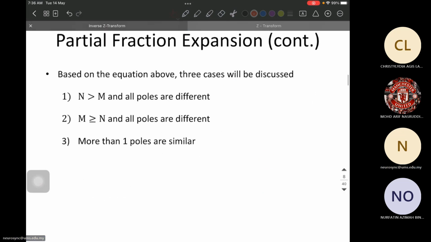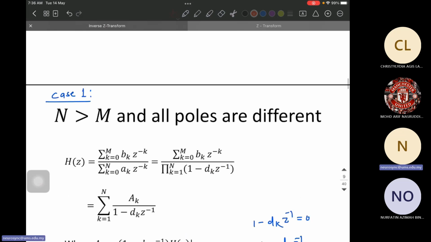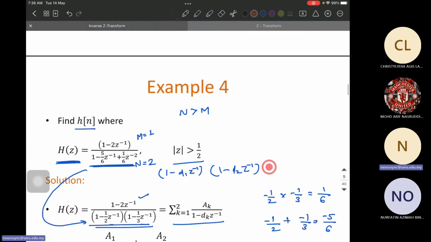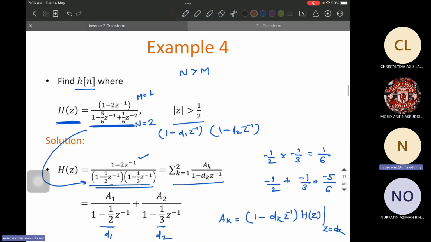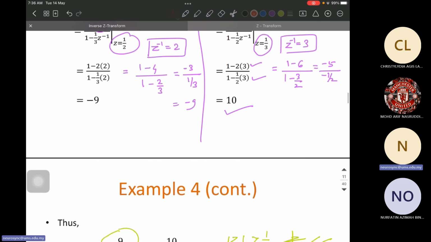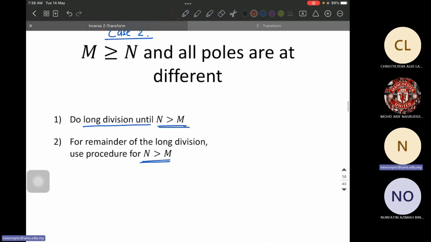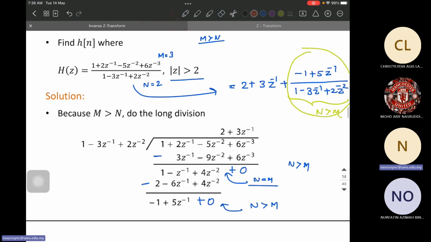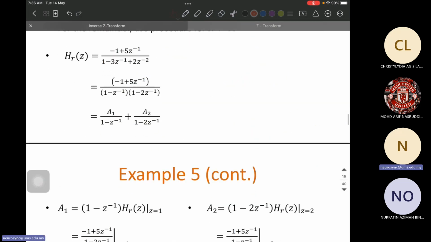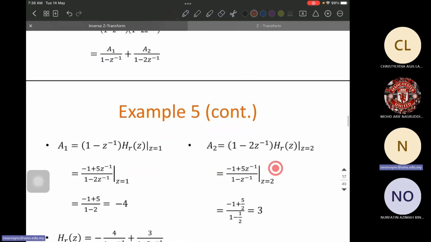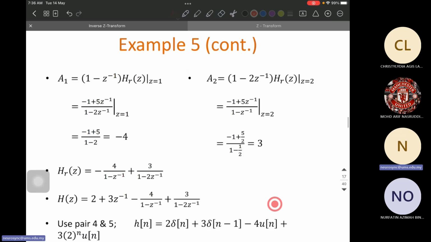Now, mostly we will do the partial fraction expansion only in the case where the numerator polynomial has a higher order than the denominator. In that case only we will do the long division method. Otherwise, mostly we follow this partial fraction expansion.